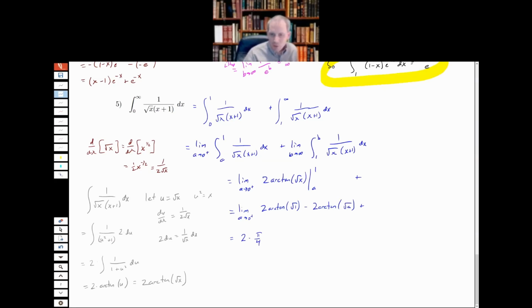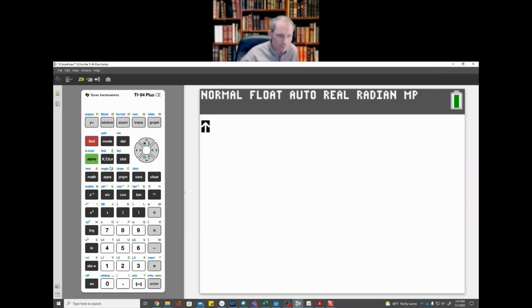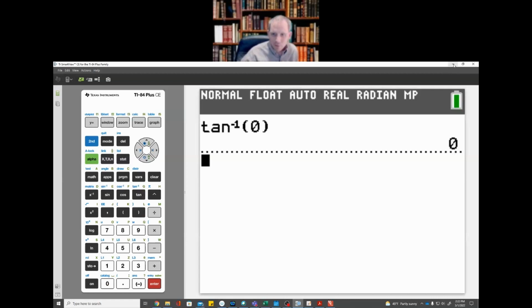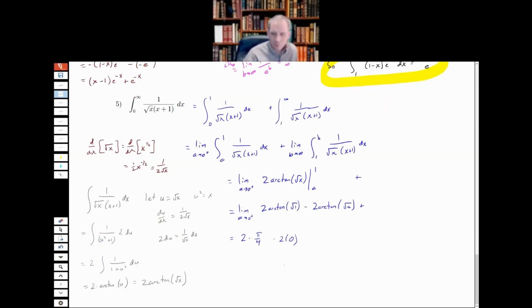But if I just do direct substitution, arctangent of 0 is 0. You can even try it out in your calculator. Arctangent of 0 gives me 0. So I don't need to do L'Hopital's or anything. We just have that. So 2 times pi over 4 is pi over 2.